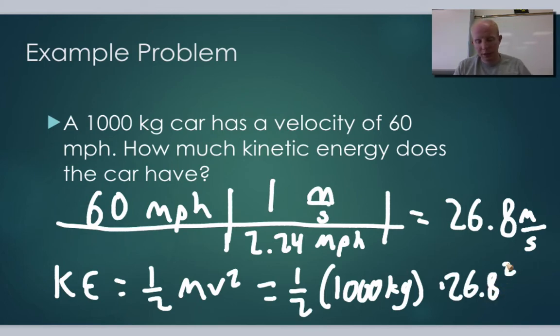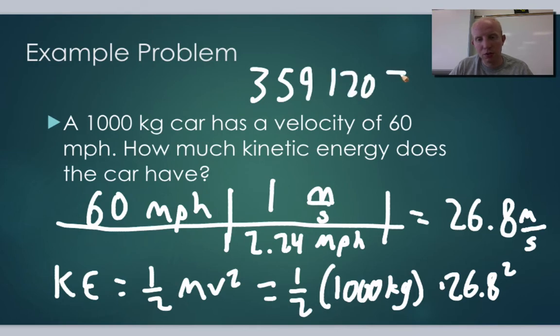We multiply that out, and we get that the total energy in the system is 359,120 joules of energy, which is quite a lot, as you would expect. So it's relatively straightforward to calculate. Just plug it into the formula based on the values that are given.